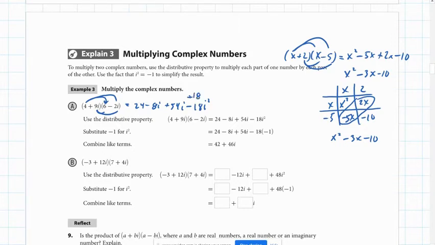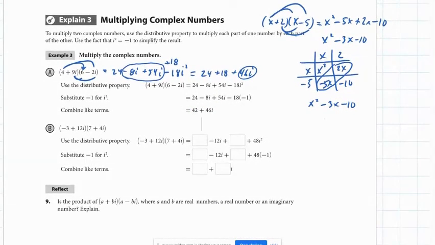So we get 24 plus 18, those are the real parts. And then if we combine the imaginary parts together, that is going to be 46i. And so 24 plus 18 is 42, plus 46i.